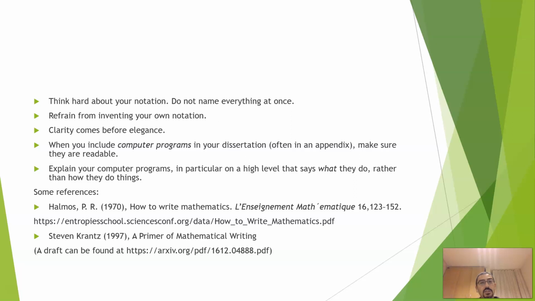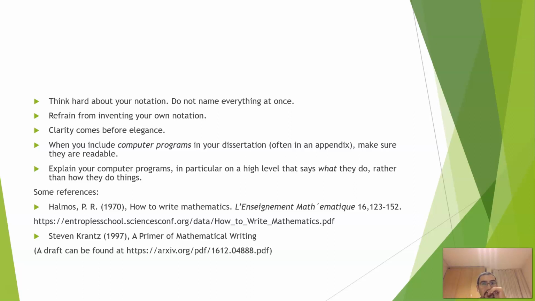I have observed some people have a tendency of inventing notation. Okay, but don't do it. Use the existing notation. Don't invent, because it will make reading your thesis a nightmare. And there's one thing I missed in the previous point. It says do not name everything at once. Things should have names only if that's necessary.